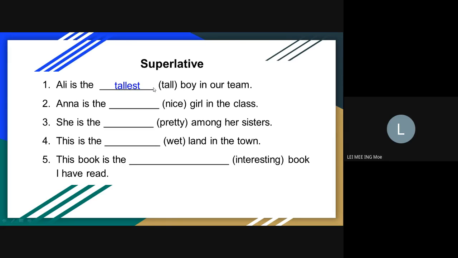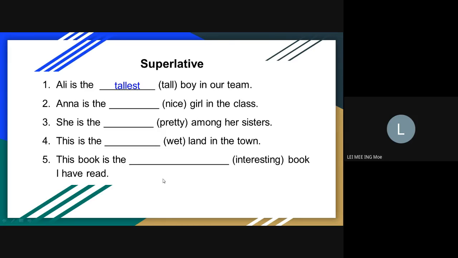It is not a comparative form. It is not taller since we have the here and it is under superlative. When we have the in front of our superlative form, it will be superlative form. So tallest, we plus est. So this answer follows rule number 1.